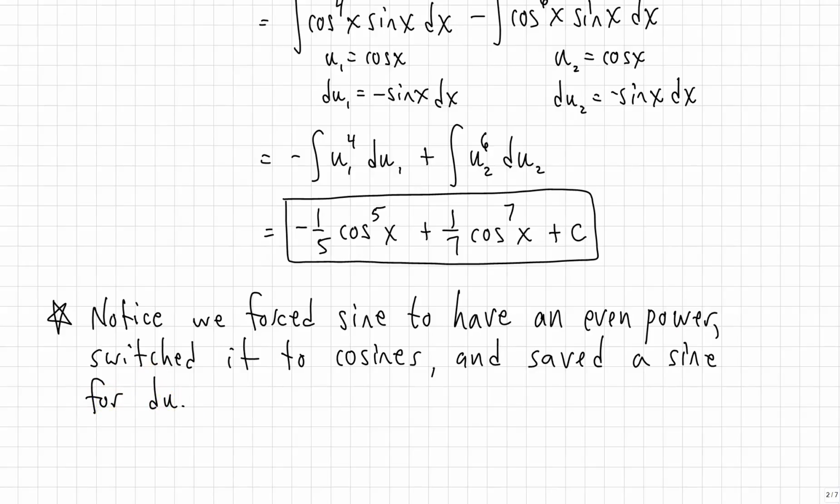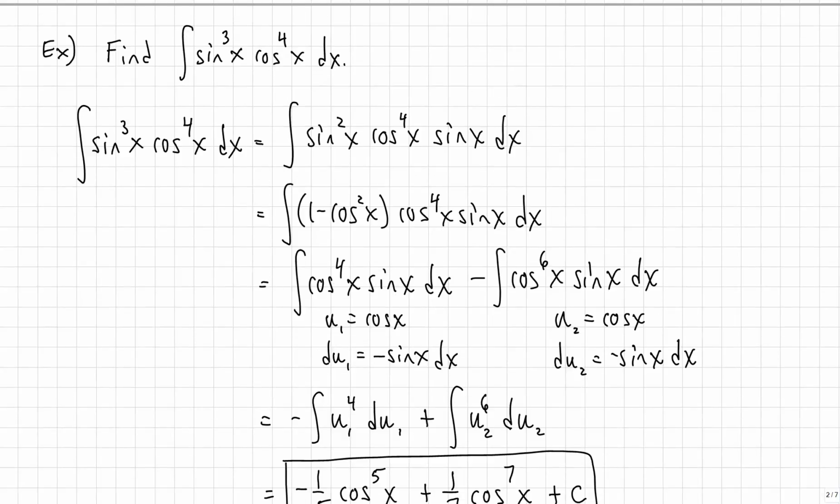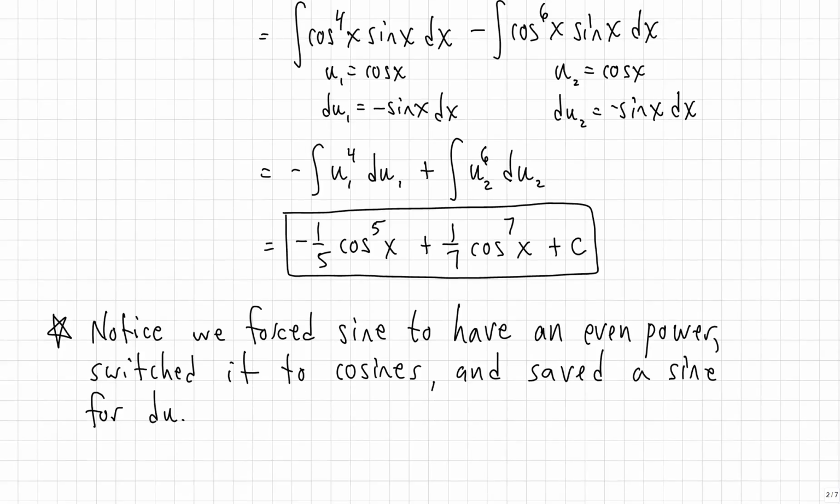That was kind of our plan: instead of sine cubed, we made a sine squared, so we could swap that out for some cosines, distribute, and then we had this sine of x left over that we didn't use. That way it would be there for the du part later on. So that was kind of our plan for that one.